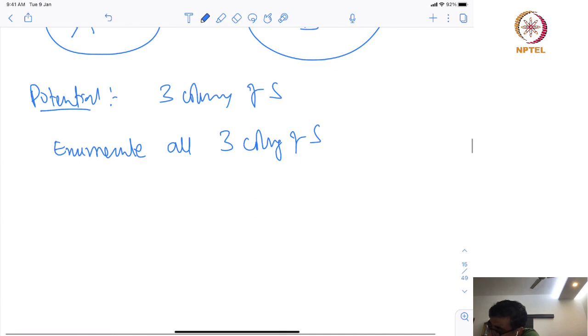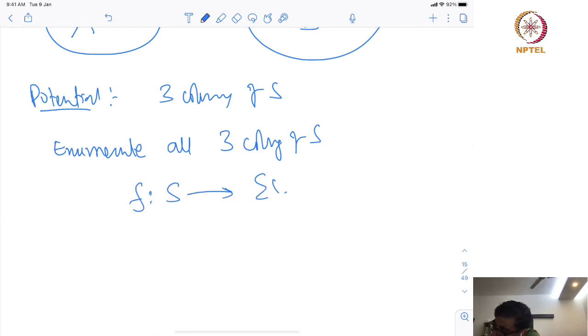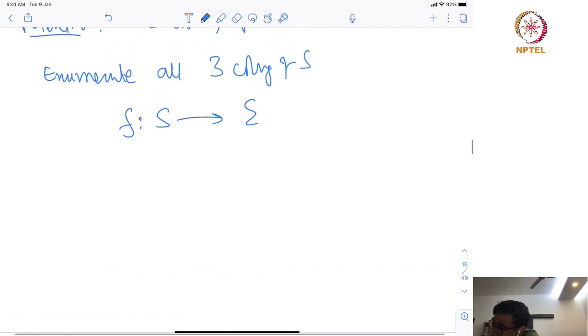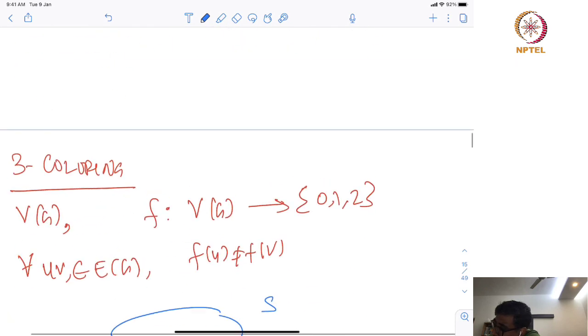So you enumerate basically all functions from S to 1, 2, 3. Let's just say 1, 2, 3, so let me change here also that not 0, 1, 2, but rather 1, 2, and 3.